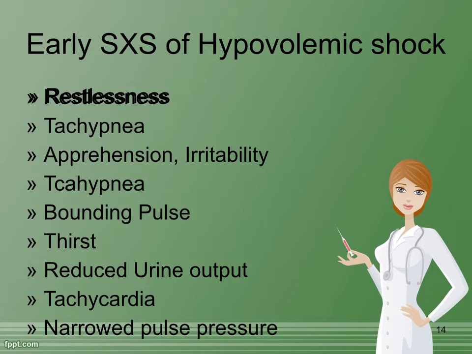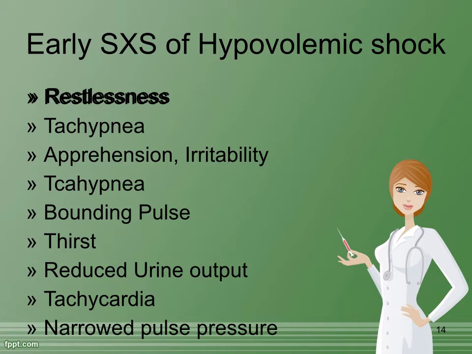Now, restlessness: when there is hypovolemic shock, the sympathetic nervous system gets activated. It causes the release of catecholamines, which are our stress hormones for fight or flight, commonly known as epinephrine and norepinephrine, and this makes the patient restless.